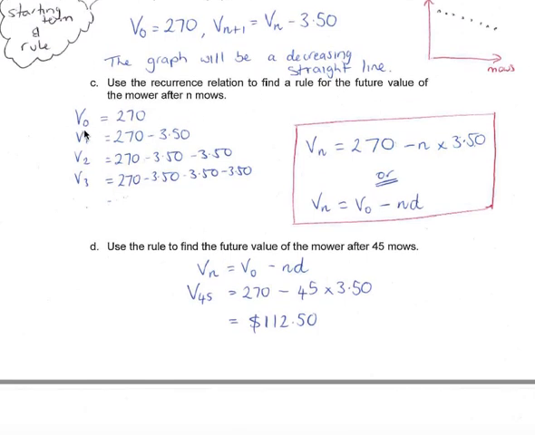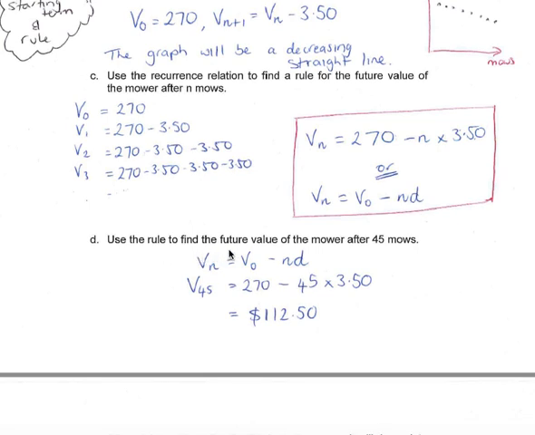After 0 is 270, 1 use, we take 3.50, 2 uses, we take that twice, or for every use is $3.50. So you can see the value after a number of uses will be the initial amount, subtract the number of uses times that 3.50 depreciation value.